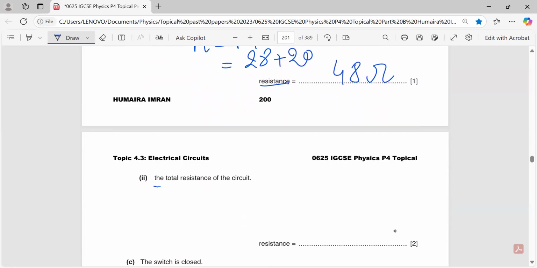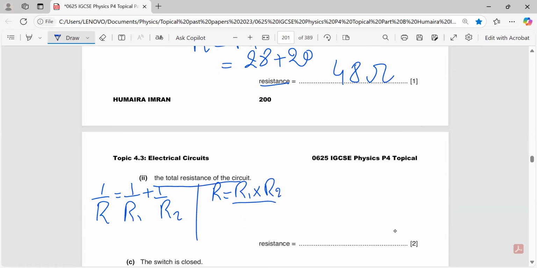Now they want us to calculate the total resistance of the whole circuit. To calculate the total resistance, you can use either of the formulas. Either you can use 1 over R is equal to 1 over R1 plus 1 over R2, or you can use the product of resistances over sum of resistances, because now we have a parallel combination.